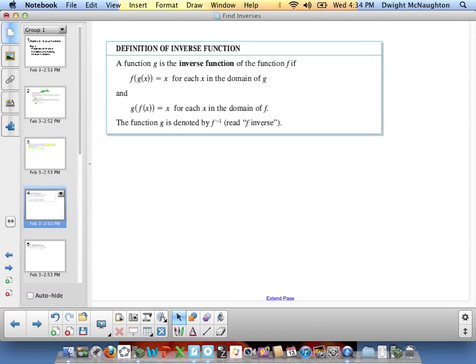So for every value of x in the domain of g, you can compose it into f and get back to x, and for every value of x in the domain of f, you can compose it into g and get back to x.